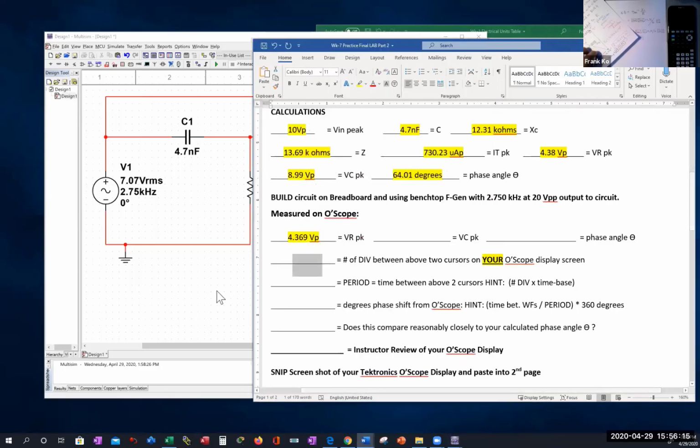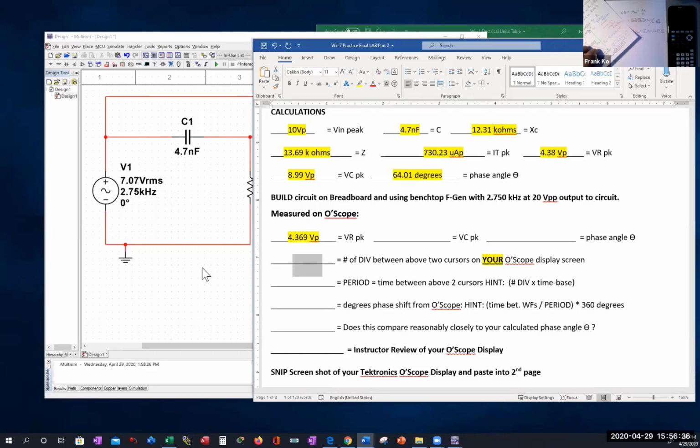I'm going to pop that in here. Number of divisions, period, the time between the two cursors. Degrees shift. I think I'm going to want to rephrase this, but here we go.